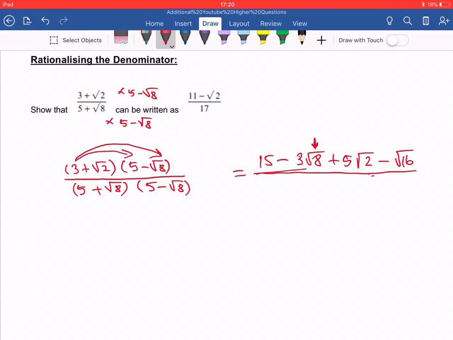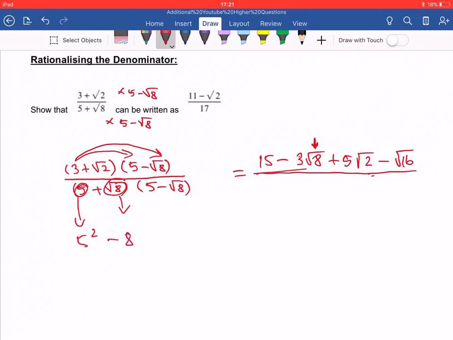I've got a shortcut to expand this. So I always square the first number. So I go 5 squared, and I square the third, so the square root of 8 squared is 8, and I take them away.